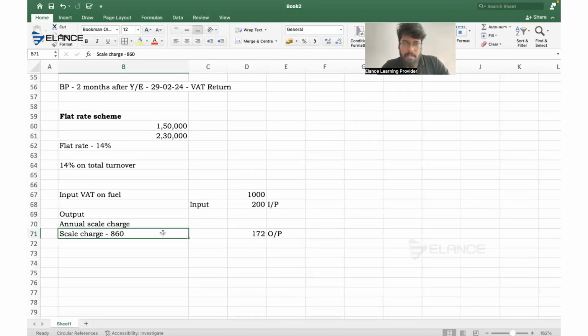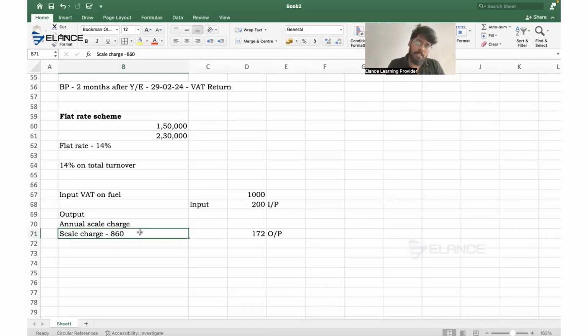So in our example, the scale charge is given. The scale charge is 860. Sorry, 860 is not the output VAT. 860 is the scale charge.